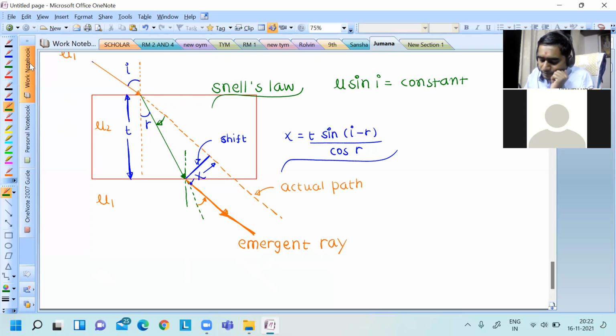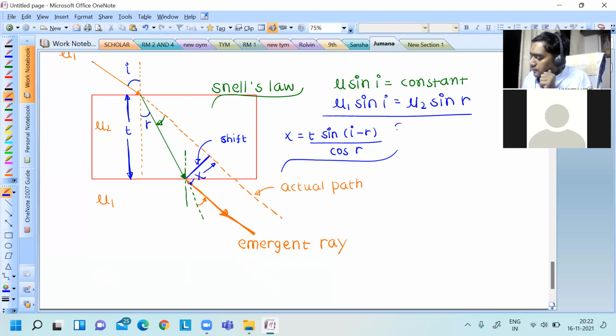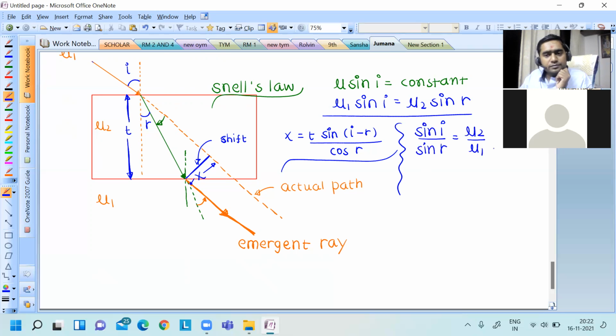So for this medium, it is mu1 times sine i, then for the other medium, it will be mu2 times sine r. So you can also consider that sine i over sine r equals mu2 over mu1. Can I say that? Yes.